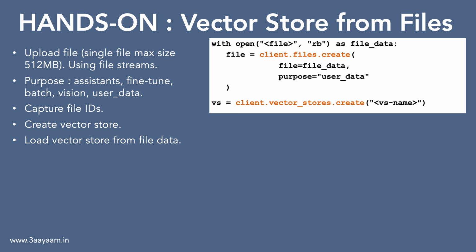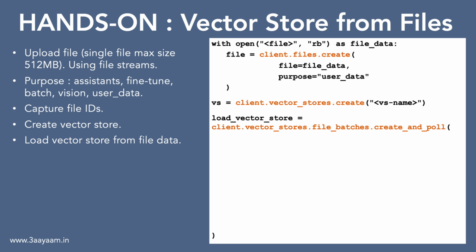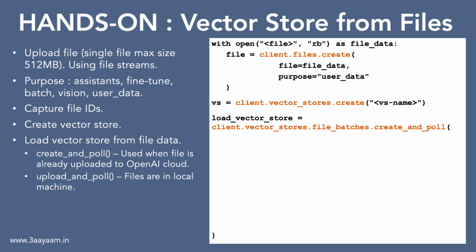After the vector store is created, then we load the vector store from the file data. And this is the way we upload the file, client.vector_stores.file_batches.create_and_poll. Now the API here is create_and_poll. There are two APIs available, create_and_poll and upload_and_poll.